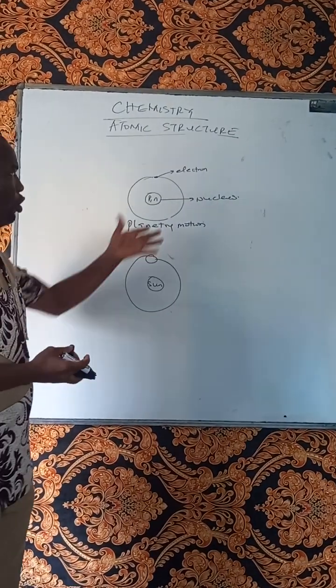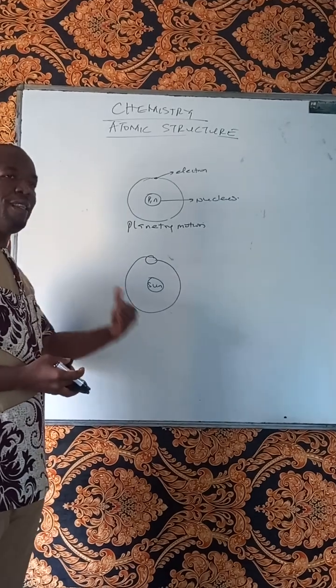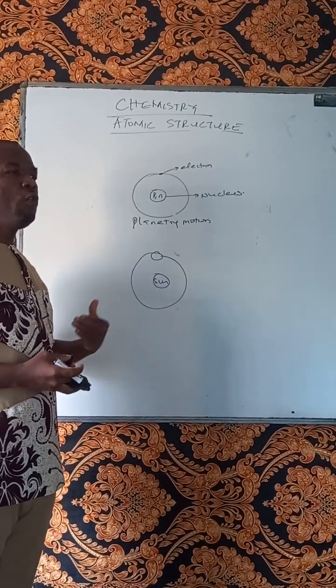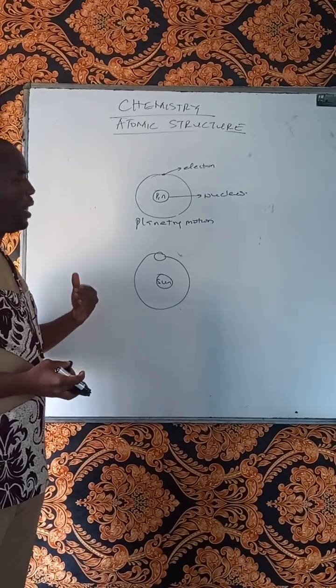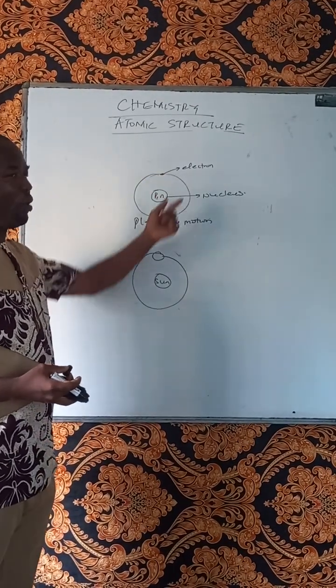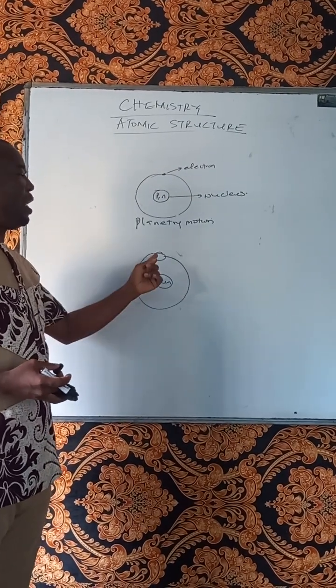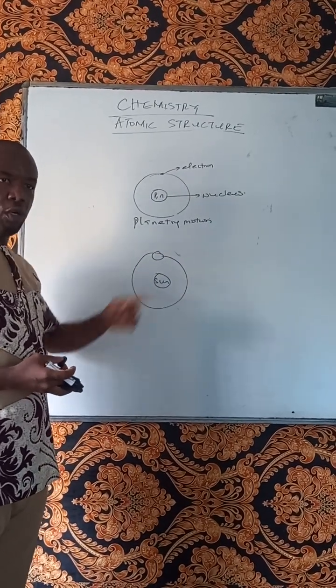This picture of the atom was given by Ernest Rutherford. So apart from discovering the proton, Rutherford also gave us the planetary motion of the electron around the nucleus. It says that the electron moves around the nucleus the same manner as the planets move around the sun.